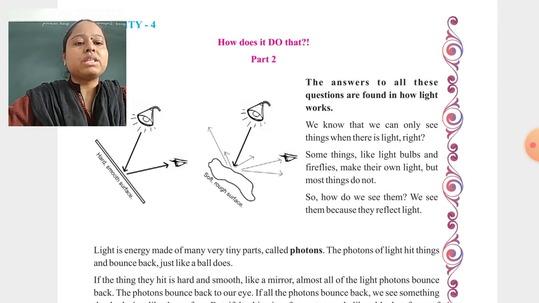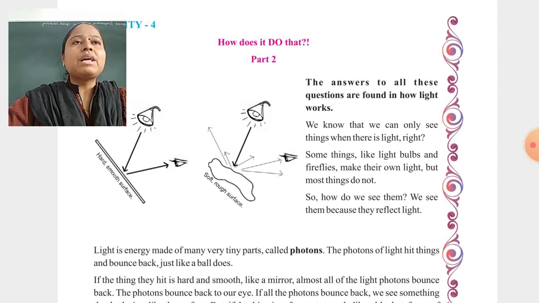But most things do not have their own light, like non-living things, table, chair or other things. We are not able to see them in the darkness.